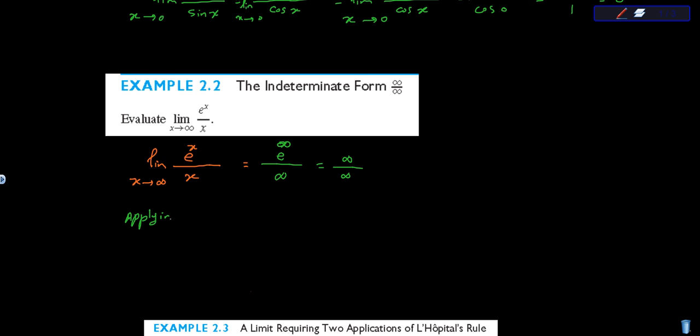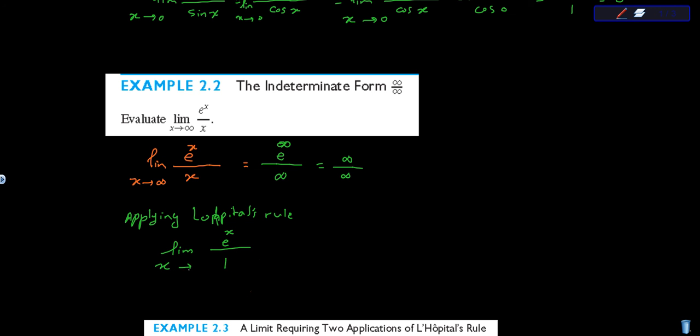Applying L'Hopital's rule, you should differentiate the numerator and differentiate the denominator. What is the derivative of e to the power x? E to the power x, the same. What is the derivative of x? 1.